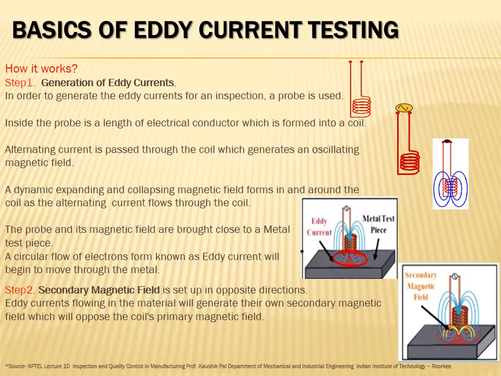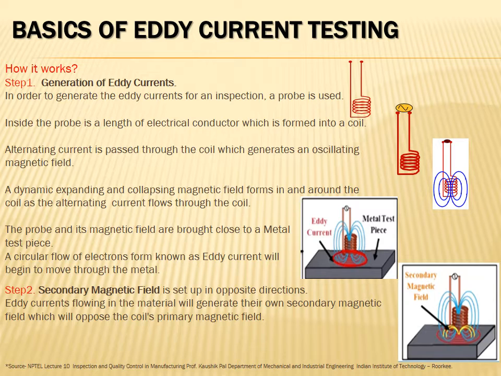In order to generate the eddy current for an inspection or testing, we use a probe. Inside that probe, a length of electrical conductor in the form of a coil is shown in the first image on the top.